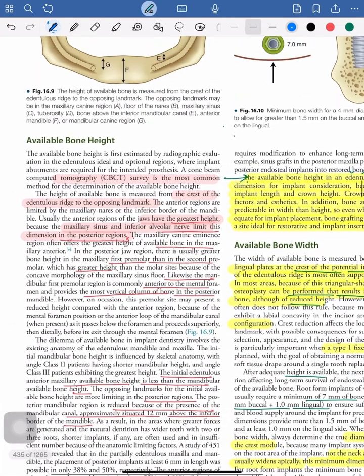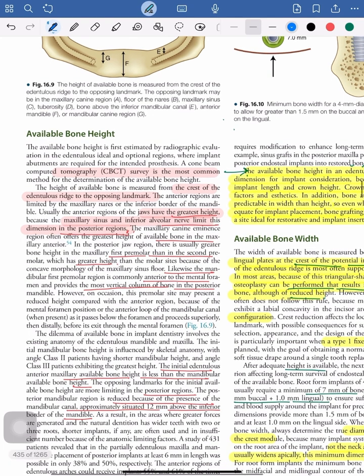So, available bone height. You asked for a CBCT, and then how do we measure it? Basically, the height of the available bone is measured from the crest of the edentulous ridge to the opposing landmark.